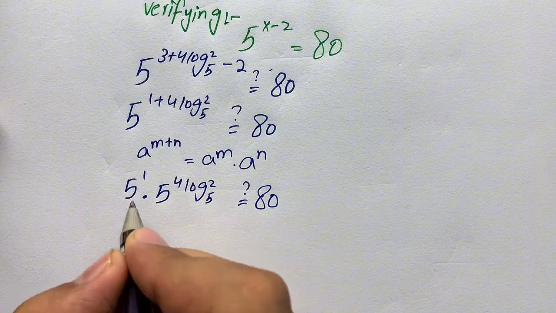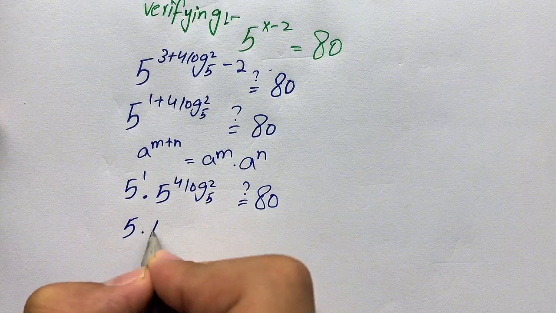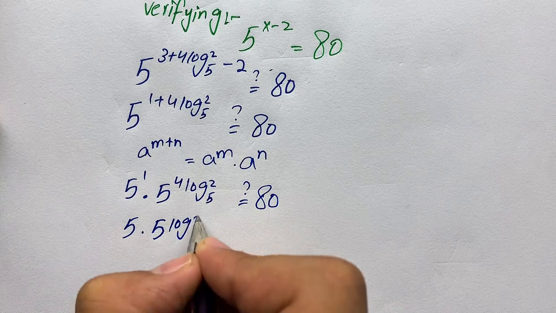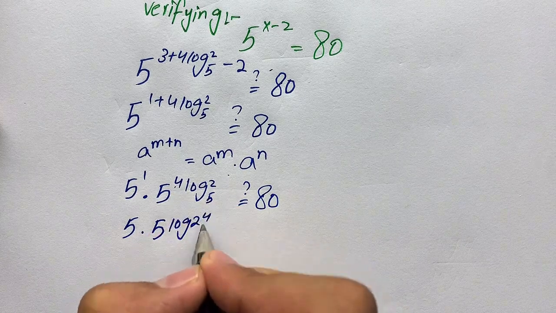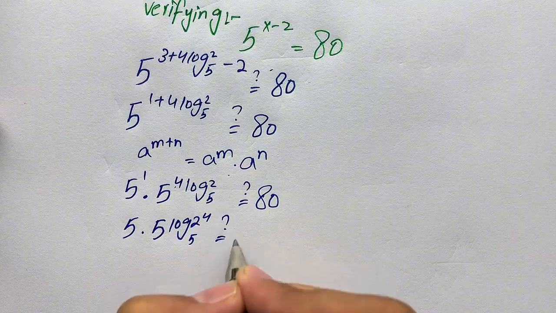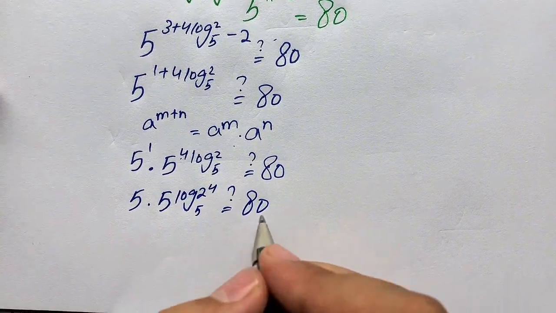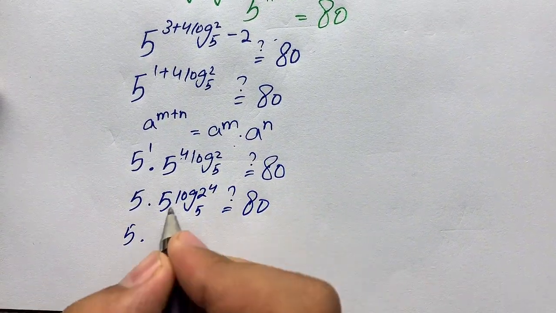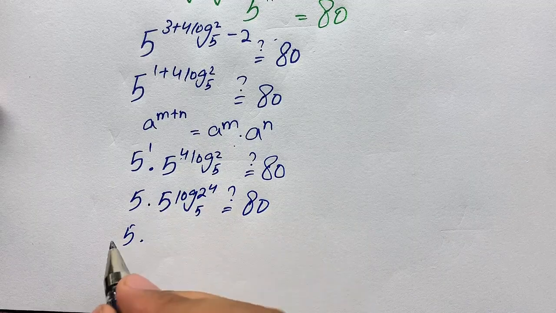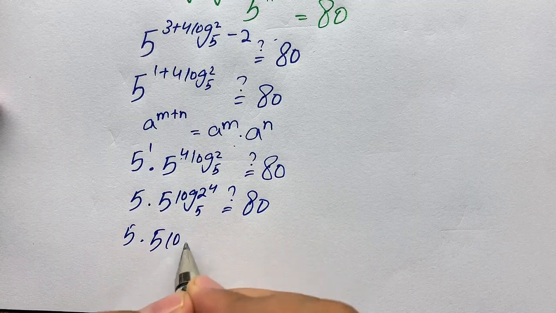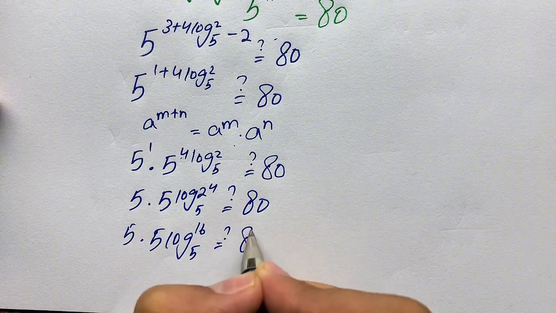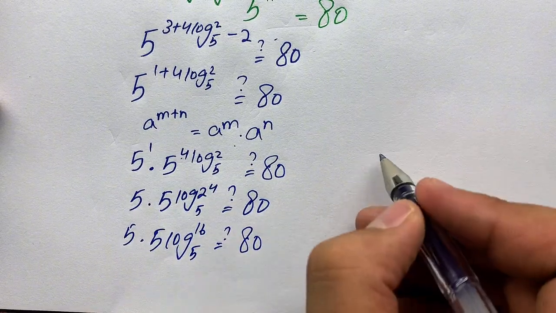This will be 5 into 5 to the power log of 2 to the power 4 base 5 is equal to 80. And this will be 5 into 5 to the power log of 16 base 5 is equal to 80. We use this formula here.